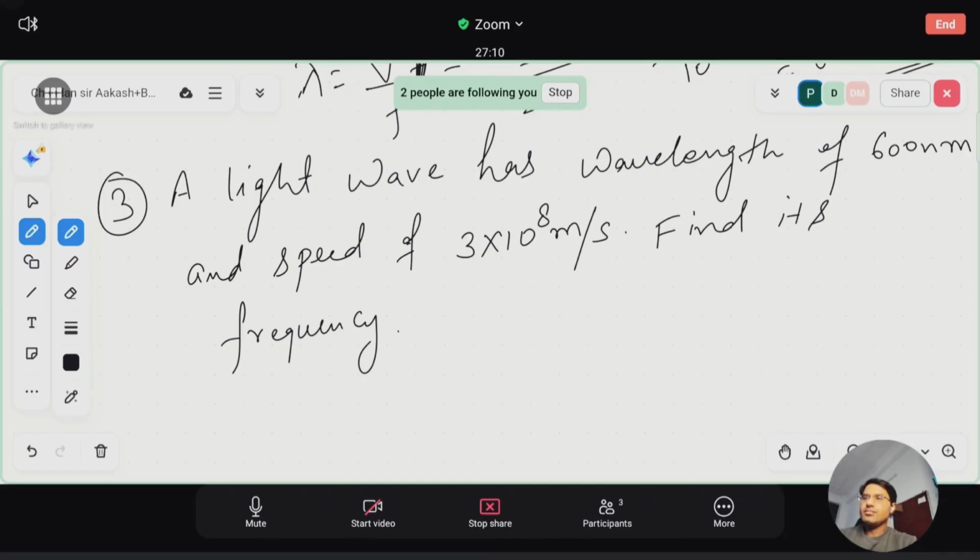Deepak, what does nanometer mean? I believe it's 1 in 1,000 of 1 meter.